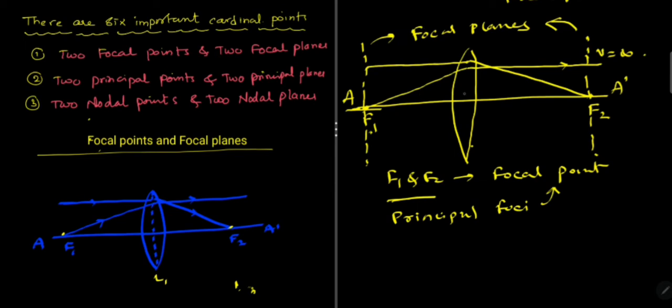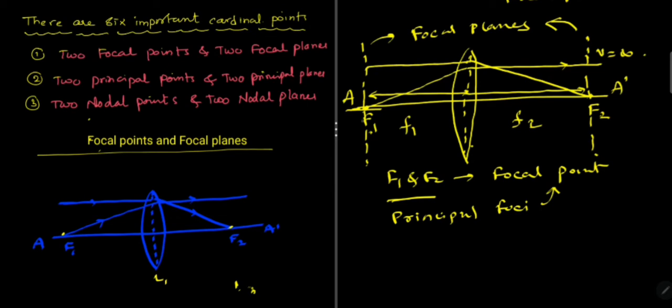Now, see here, this is the center of the lens. The distance from the center of the lens to F1 is called the first focal length, and the distance from the center of the lens to F2 is called the second focal length.